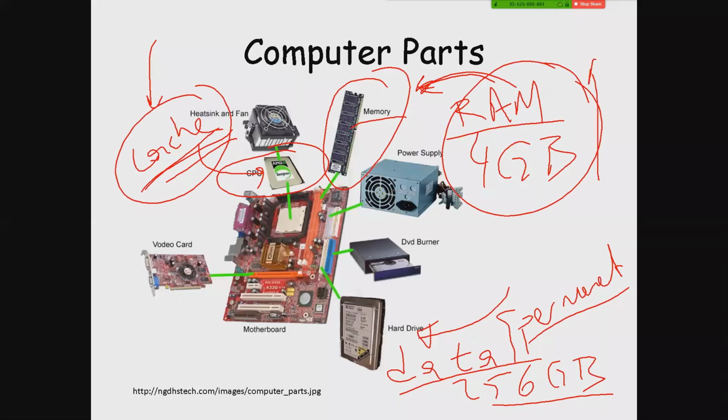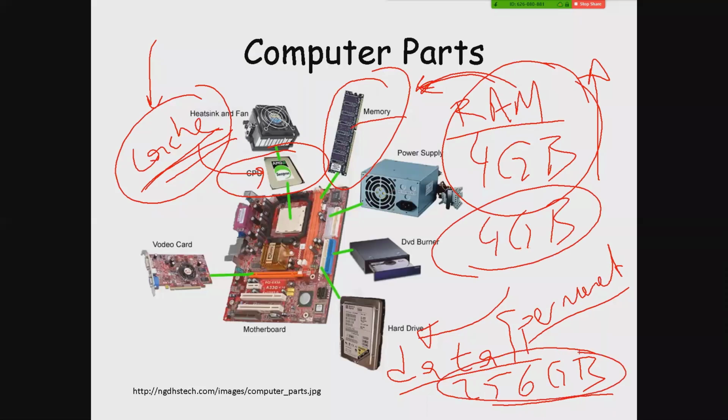It would be better to have more RAM, but adding an additional 4 gigabytes of RAM is going to cost you a lot compared to adding, say, 1 terabyte of data. So hard drive is cheaper than RAM, but it's also slower than RAM.